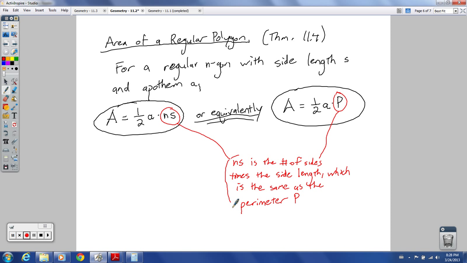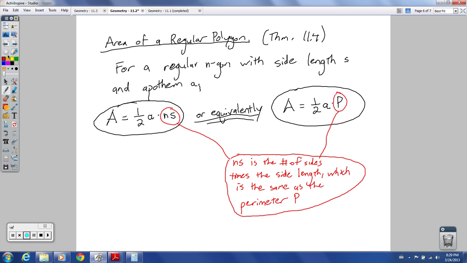Okay, so that's what those letters are. I guess we said that up here too, so it's kind of like double hitting that. We know what all these things stand for based on that. Capital A is area, 1/2 of the apothem times the number of sides times the side length. And n s is the same thing as the perimeter.